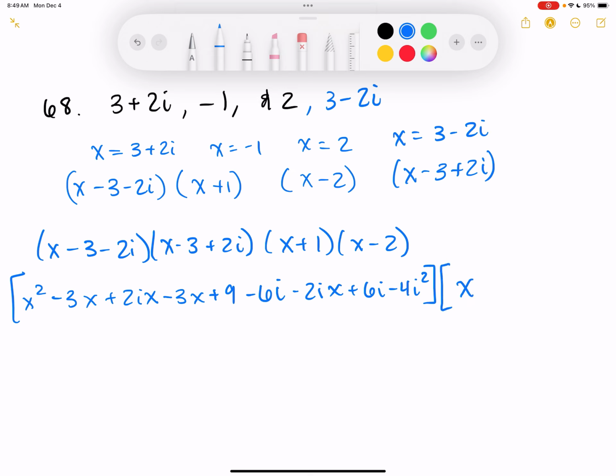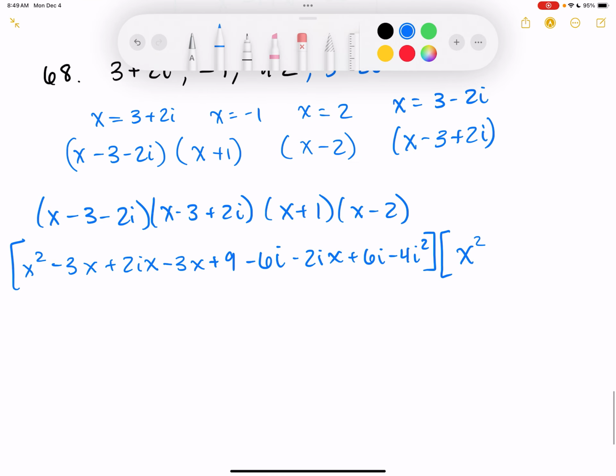I've got x squared, plus x minus 2x minus 2. And so now I'm going to go through in each bracket, I'm going to try to simplify down so that when I do that final multiplication, I'm not working with something super obnoxious. So let's see. I've got in the first one a plus 2ix and a minus 2ix.